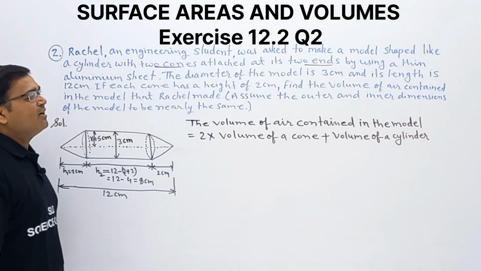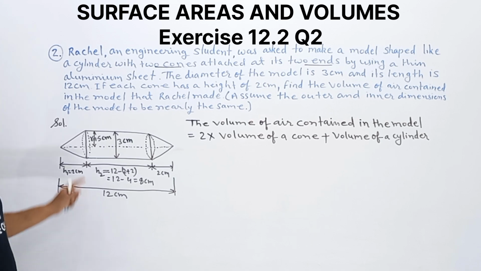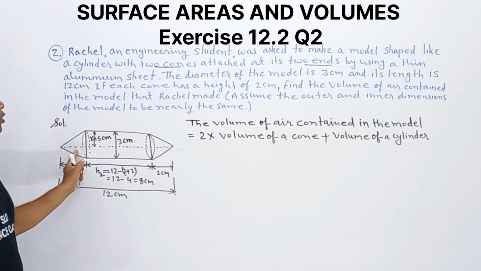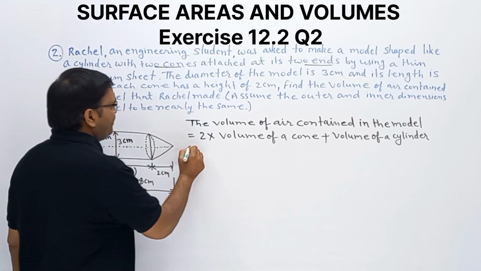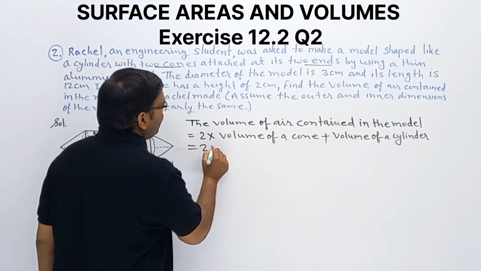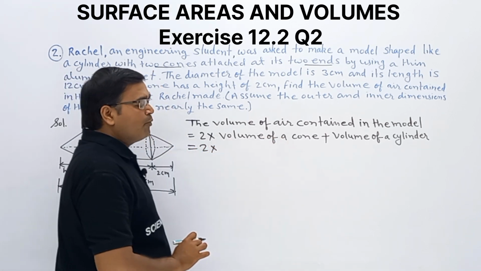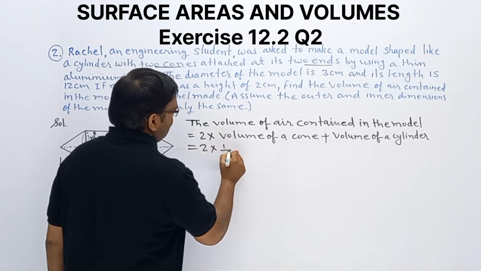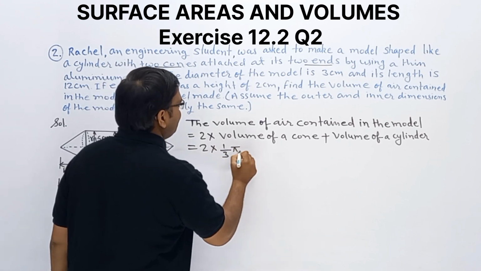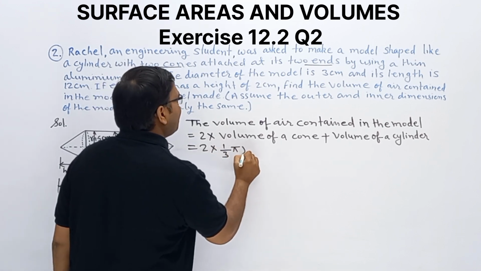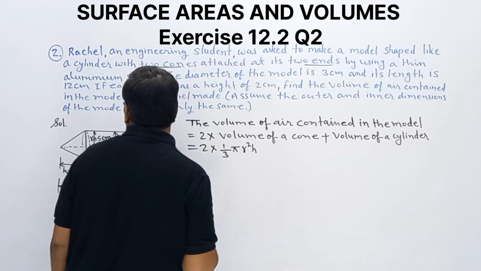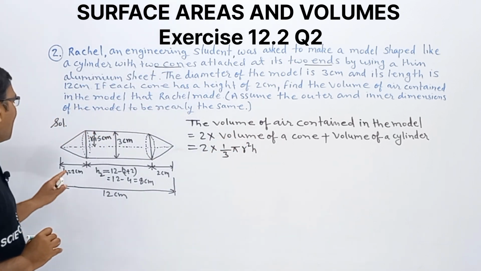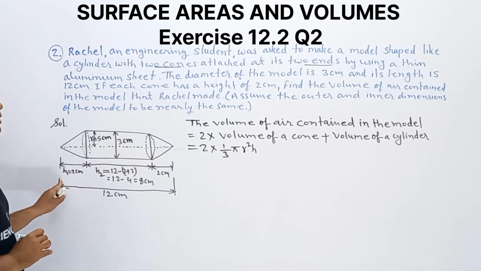The volume of air contained in the model is 2 times the volume of a cone plus the volume of a cylinder. Now write the formula. 2 into the volume of a cone. The volume of a cone is 1/3 of the volume of a cylinder, 1/3 pi r square h. Now I am taking the height of a cone as h1.